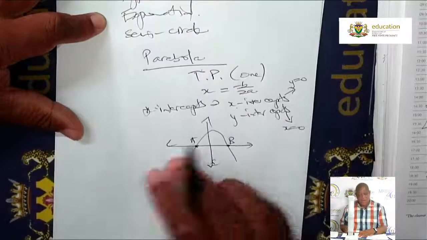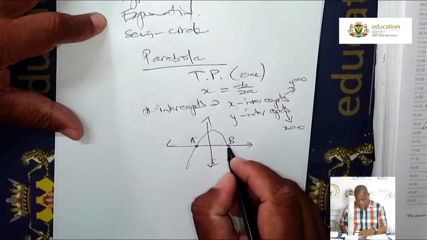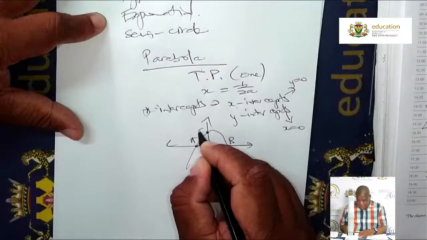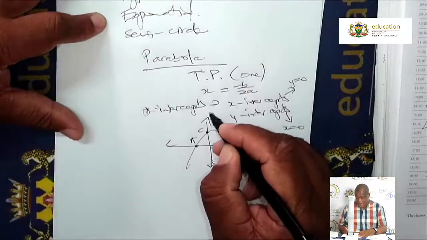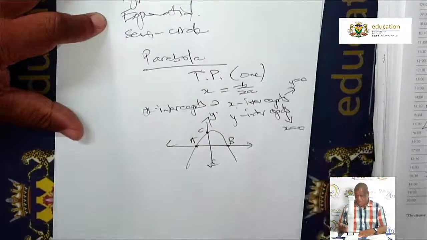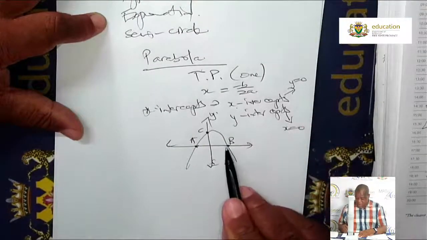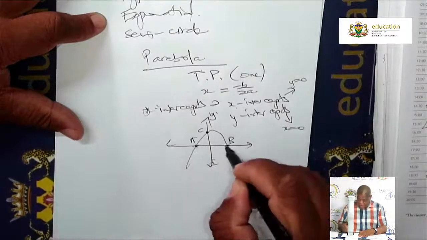These 2 points are on the x-axis. Automatically, that is where y is 0. And you have that point there, maybe it's point C, automatically, because it is on the y-axis, that is where x is equal to 0. So sometimes they will ask you to find the coordinates of these points A, B, and C.